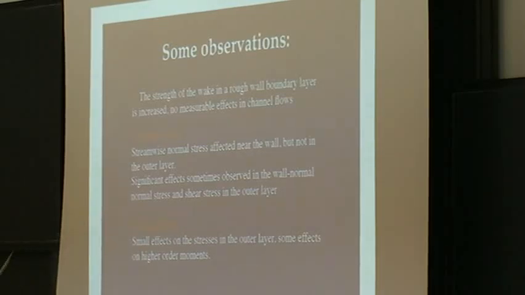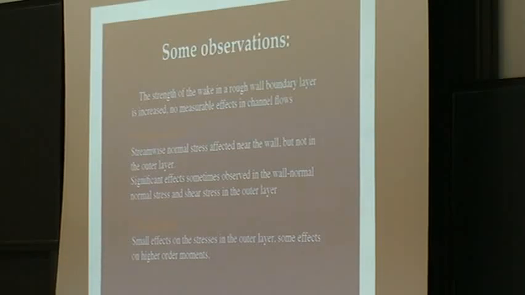In the case of the channel flow, the information was more uniform, you could say, that there seemed to be much less effects in the outer layer than in the boundary layer. And that sounds perhaps plausible because, first of all, the wake strength as such in a channel flow is much smaller than in the case of a boundary layer.